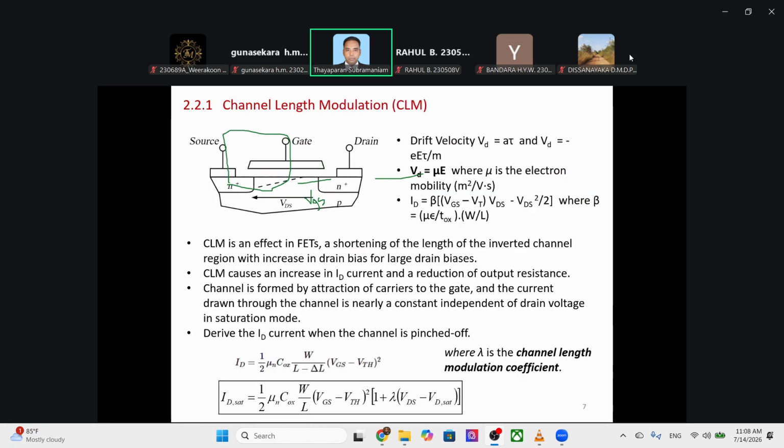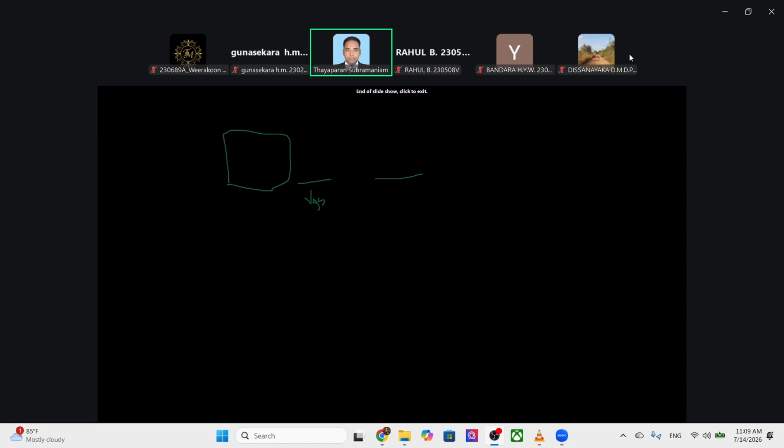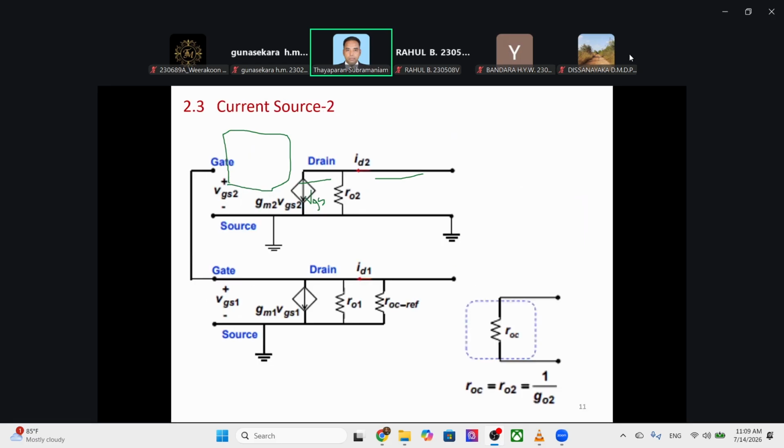I will discuss this when I see you, probably next week, in person. So basically, this is the equation we used. ID is equal to beta times VGS minus VT into VDS minus VDS squared by 2. This is the equation, but what happens here? VDS is equal to VGS.